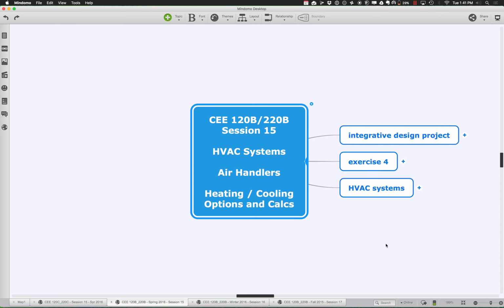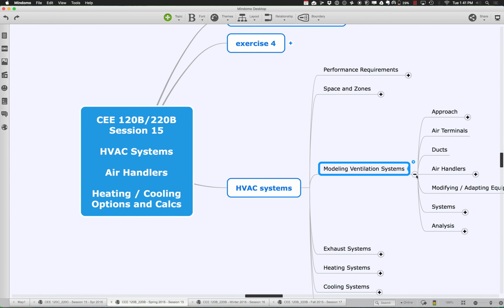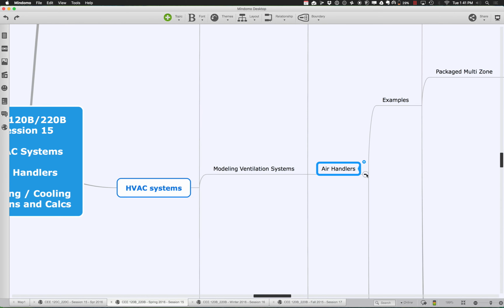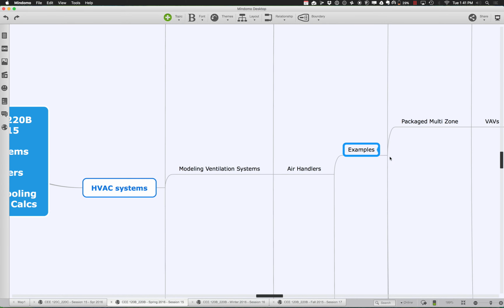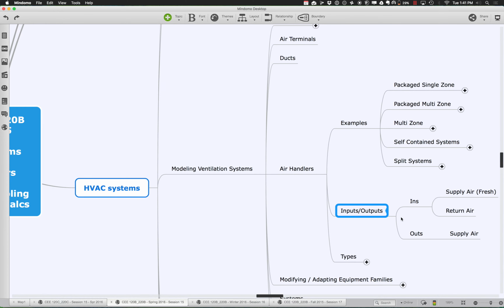So to go into that section, within the whole notion of modeling ventilation systems, there's the specific topic of air handlers, and there's a lot of different ways of doing this. There are air handlers that are single zone, multi-zone, self-contained systems. There are all sorts of different systems available, but generally, they have a similar series of inputs and outputs.